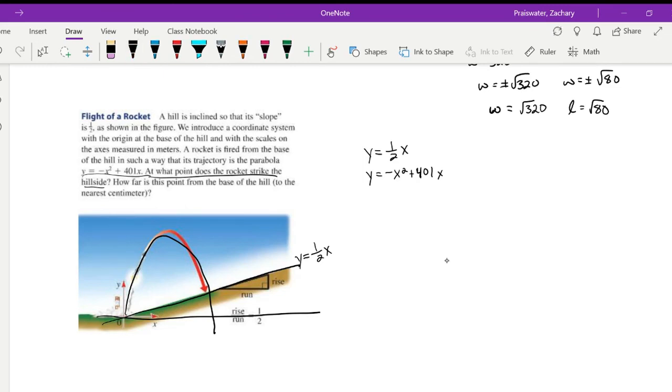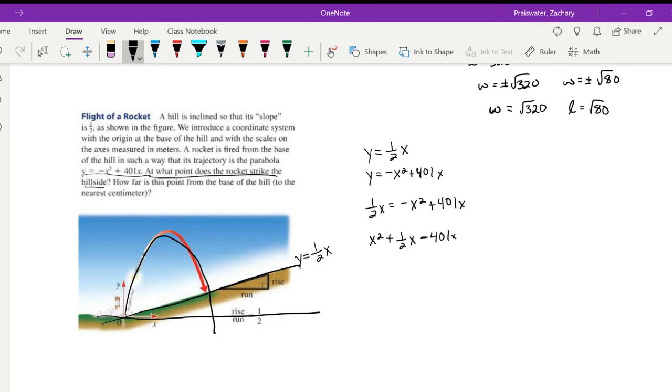This would be 1/2 x is equal to negative x squared plus 401x. And then we can subtract, actually, let's move everything to the right to make that x squared positive. So it's x squared plus 1/2 x, and then minus 401x.